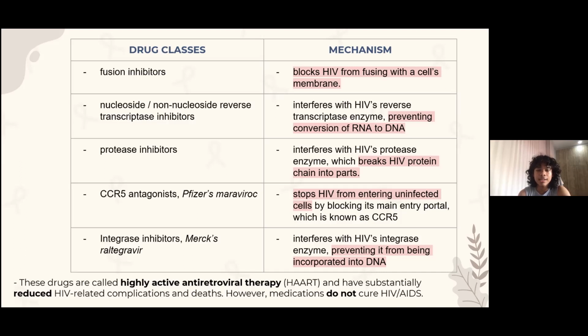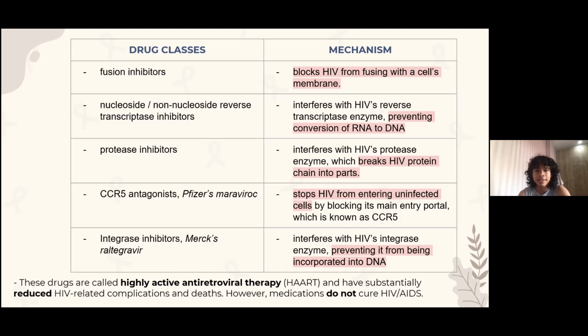On the right is the mechanism for each of the drug classes. Fusion inhibitors block HIV from fusing with a cell's membrane. Non-nucleoside inhibitors' main mechanism is preventing conversion of RNA to DNA.